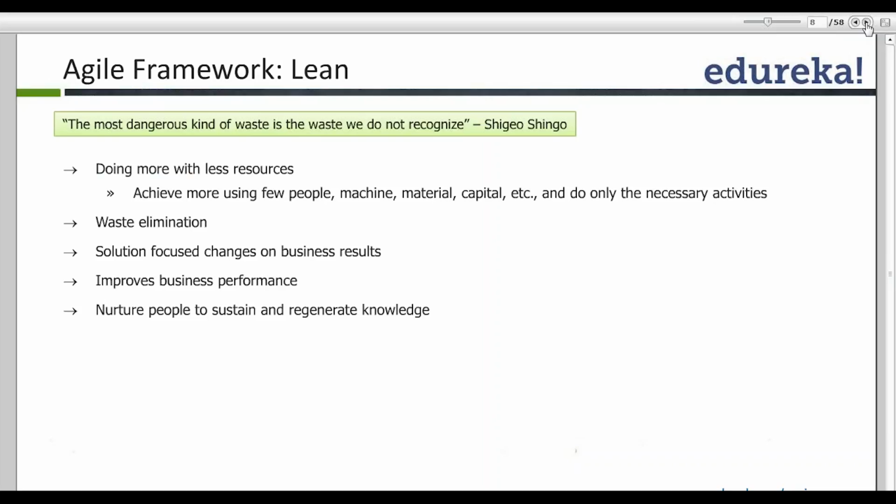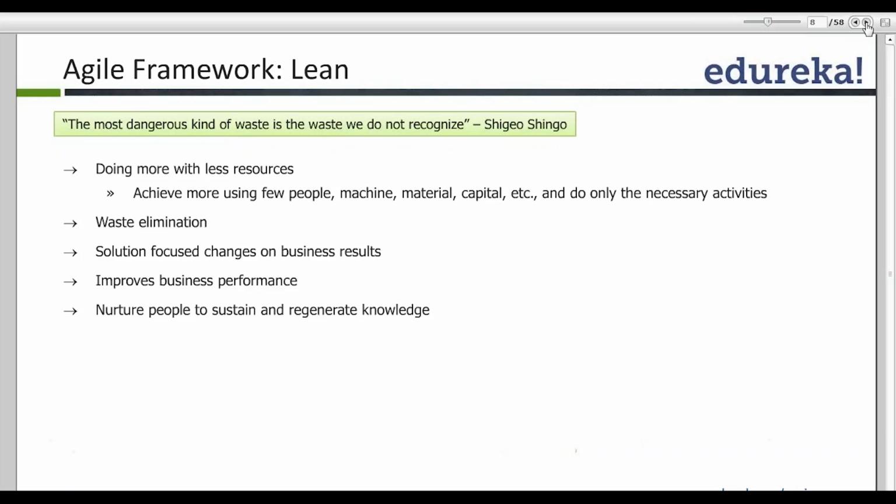So lean. Lean is a concept which has been derived heavily from the manufacturing industry. So if you remember, post World War II, Japan was known for poor quality products, but Japanese manufacturing companies invested a lot in removing waste and improving the overall productivity of the manufacturing process.